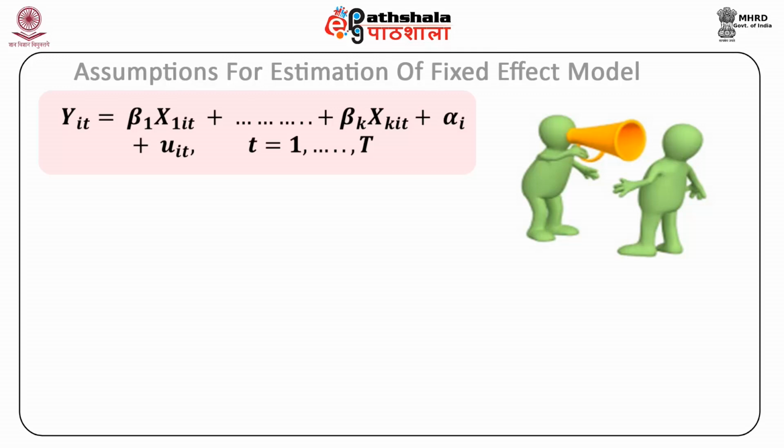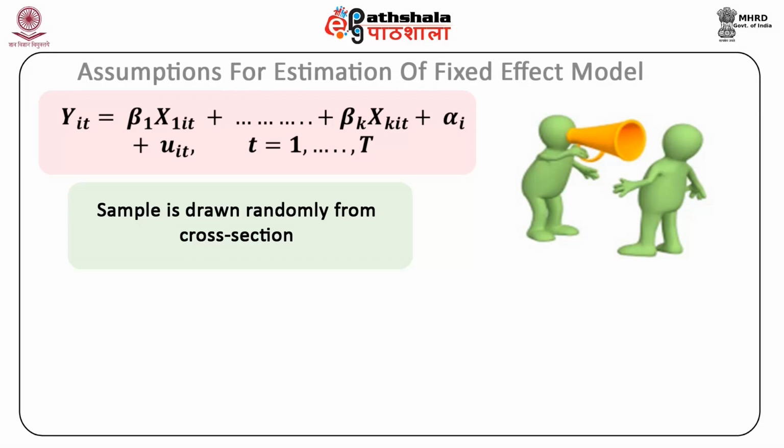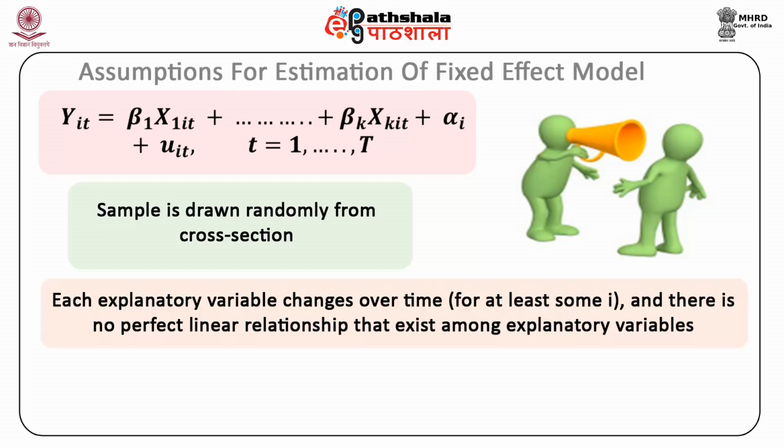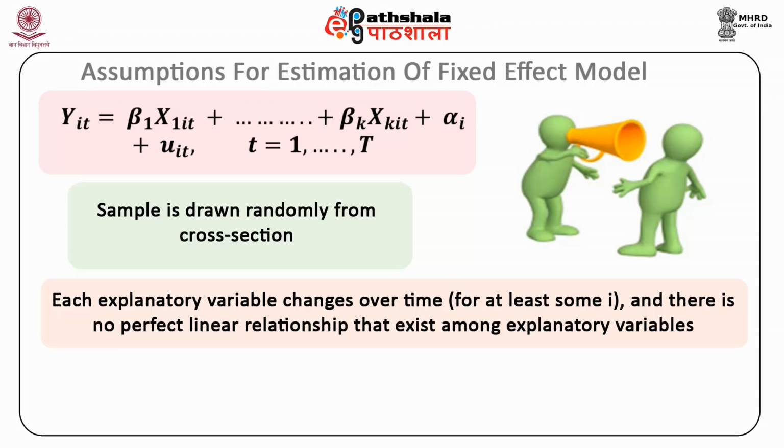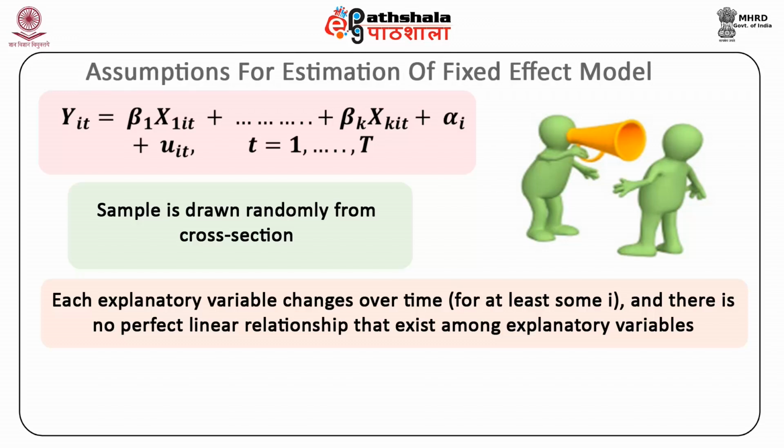The second assumption is that the sample is drawn randomly from the cross section. The third assumption is that each explanatory variable changes over time for at least some i, and there is no perfect linear relationship among the explanatory variables.